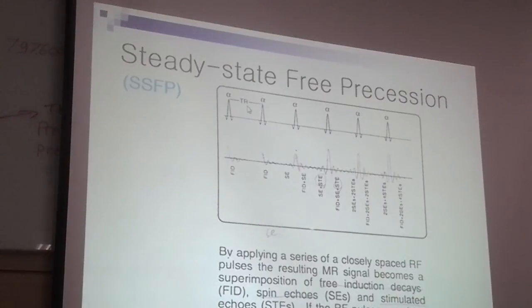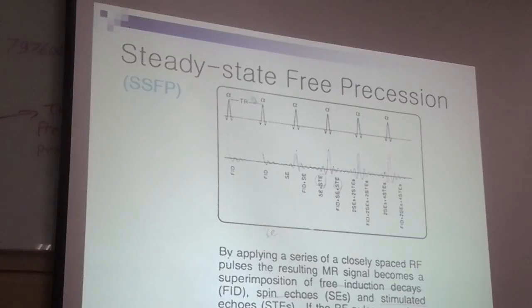Usually this condition occurs when the TR, the time interval between the RF pulses, is shorter than the T2 or T1 relaxation time, because the spin echo or stimulated echo is not decayed enough during the time interval TR.